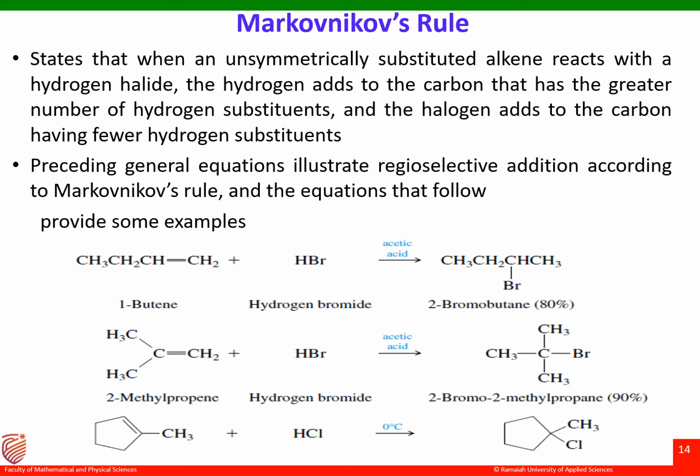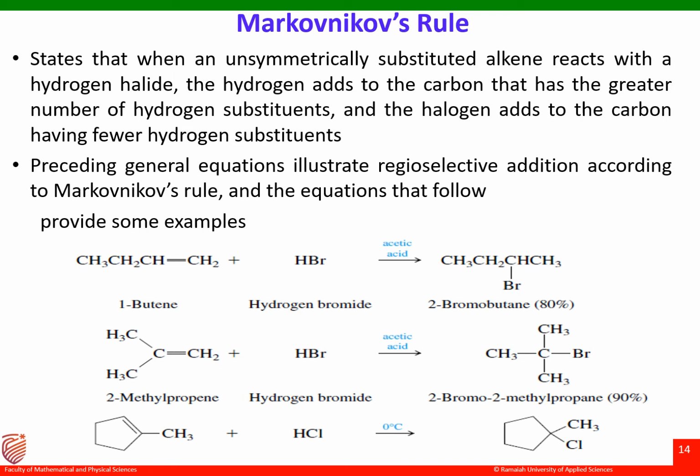This leads to the formation of a more stable carbocation. Once the more stable carbocation is formed, the incoming nucleophile will be added to that more substituted carbocation, leading to the formation of a major product.